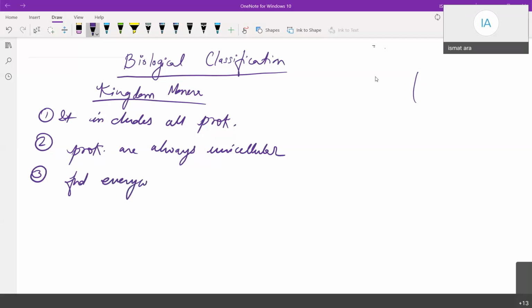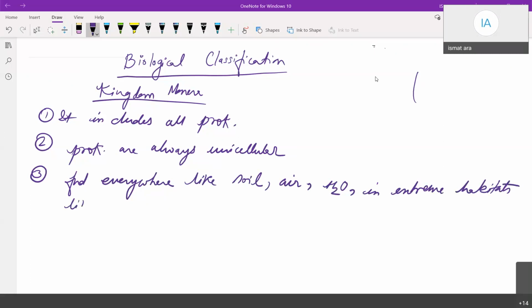They are found everywhere, like soil, air, water, and in extreme habitats, like hot water springs, desert, snow, and deep ocean.